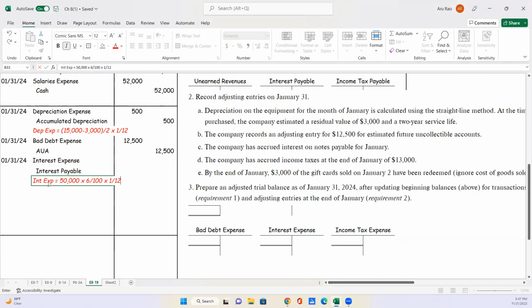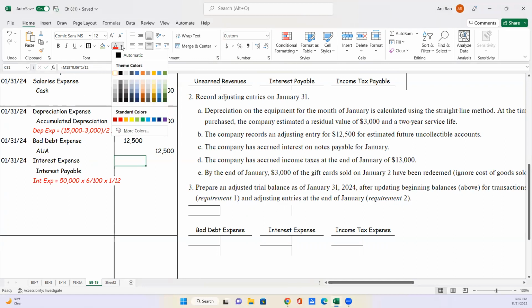Again, we are doing the accrual just for 1 month. If you do 50,000 times 6%, that's the annual interest. I'm not going to pay annual interest every month. That'll be way more than the face value of the note then. Okay, so 50,000 times 6% times 1/12 gives me 250.